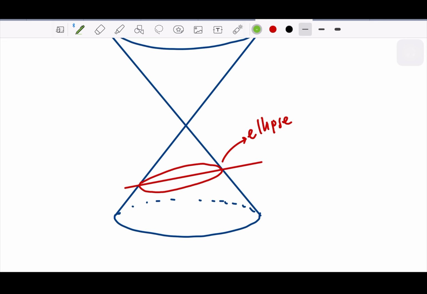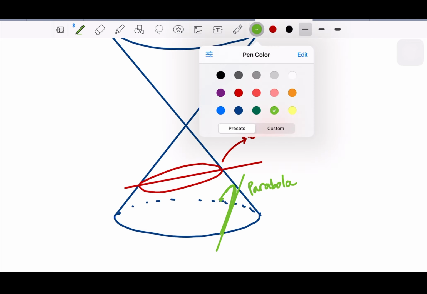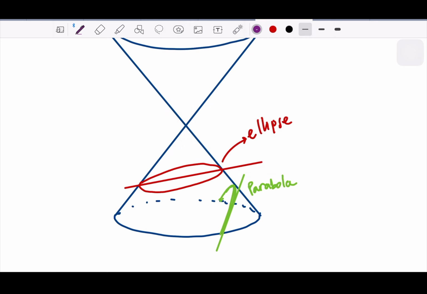And when we slice from this side going down, and also slicing the base, if we connect this, it will be a parabola. Okay.